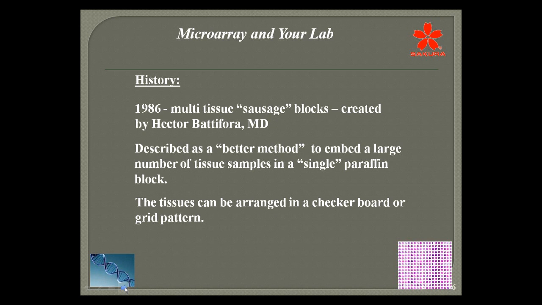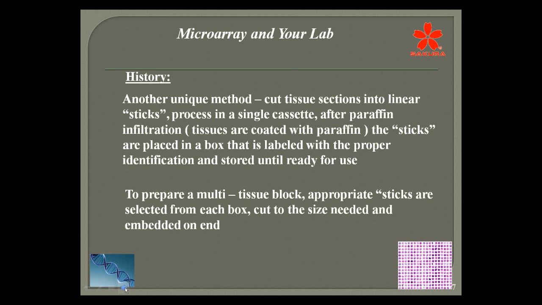The tissues can be arranged in a form of a checkerboard or grid-like pattern. Even sometimes these blocks were made by taking tissues in a stick form and then wrapping them with sausage casing or even a placenta membrane that would then serve as a unique way to hold them together so they could process and then be embedded in a paraffin block.